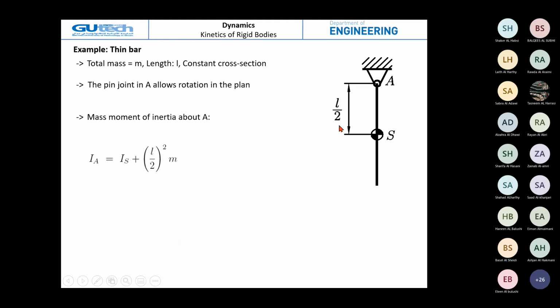Now Rs, the distance between the center weight S and this point A, is only L over 2. Then we have L over 2 square multiplied by the mass M. Is, as we have seen in the first geometrical example, is only 1 over 12 ml square.